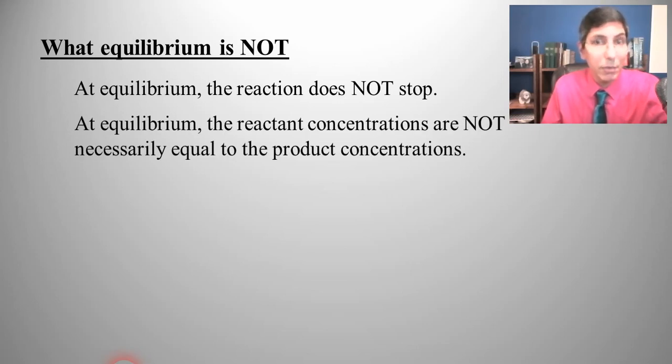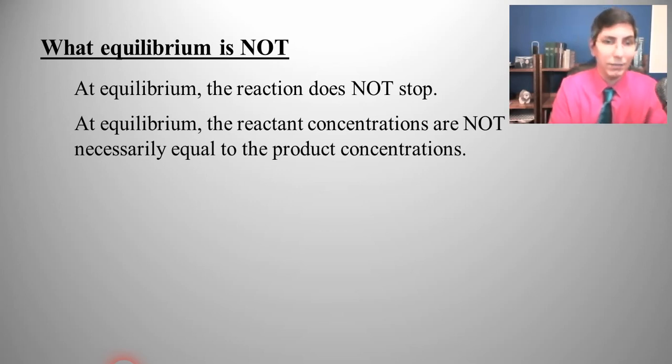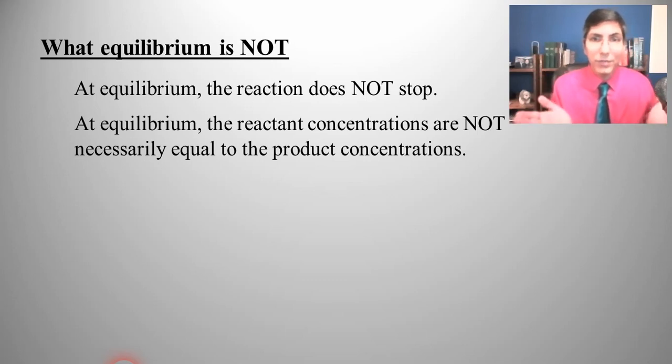Now, at equilibrium, notice that the reactant concentrations are not necessarily equal to the product concentrations. The two sides of the dance did not have equal numbers, did they? It wasn't 150, 150. It was like 181, 119. They were not the same. And that's the same thing for equilibrium. You can't expect every concentration of every single thing to be the same at equilibrium.